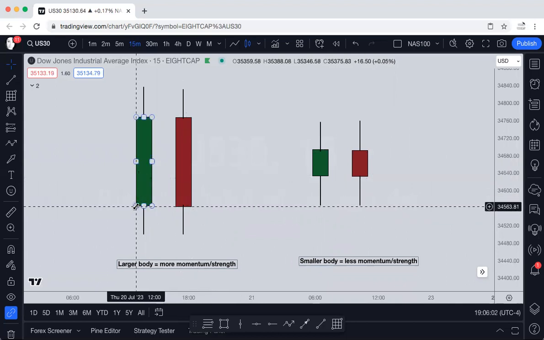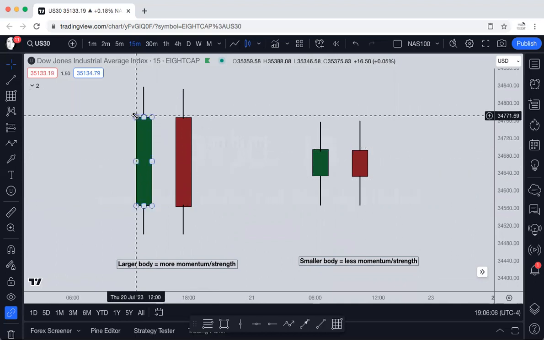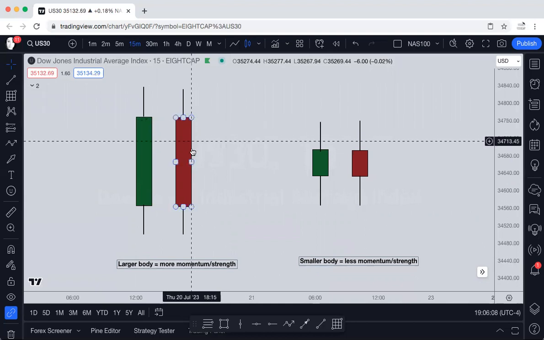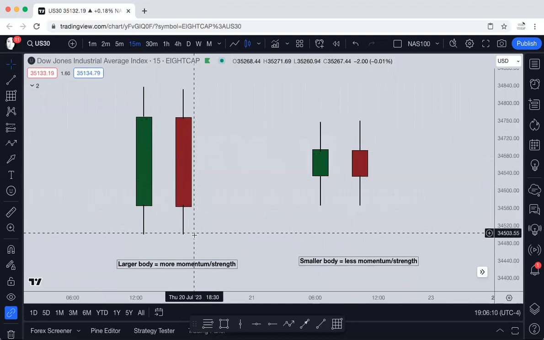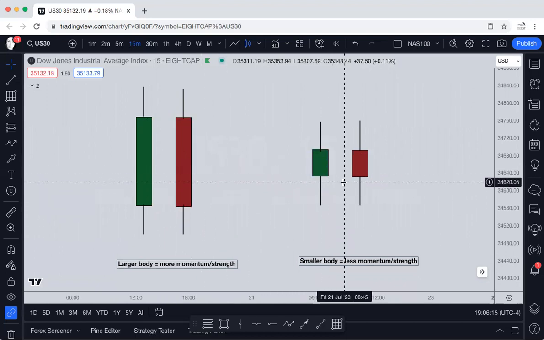So your buyers had a lot of strength to be able to push price closer to that high, right? Your sellers had a lot of strength to be able to push price towards that low. When you see smaller body candles, it means there was not a lot of strength or momentum behind that move.